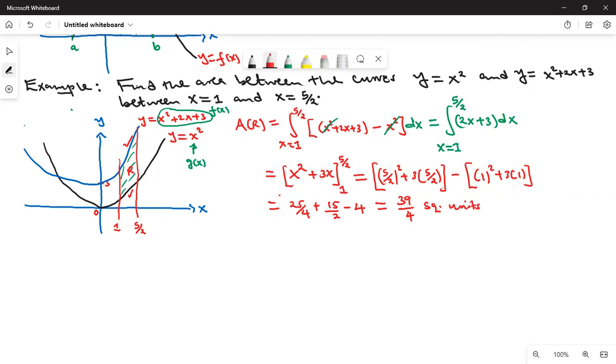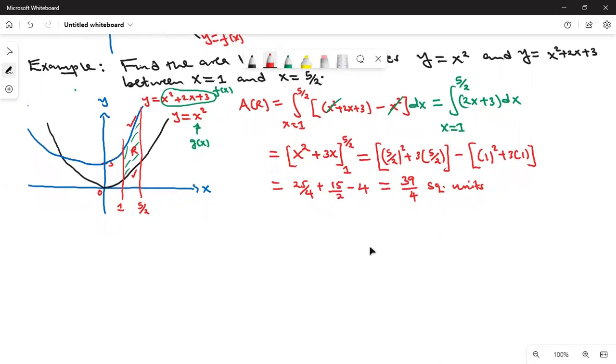I'm going to look at two other examples on areas between two curves.